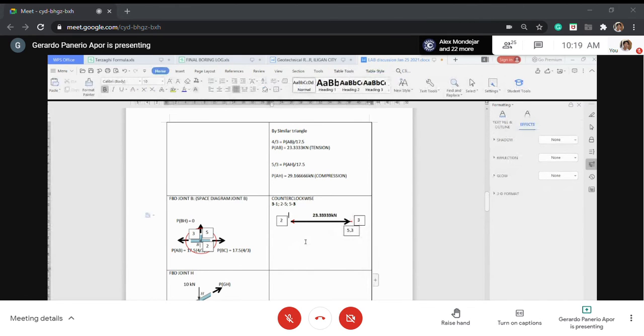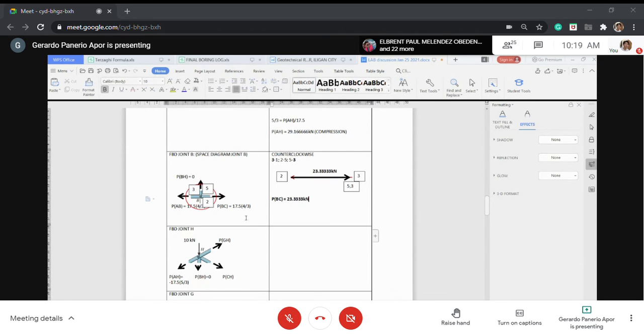So from this, you can conclude that PDC is equal to 23.33, because they are of the same length as 3 to 2.